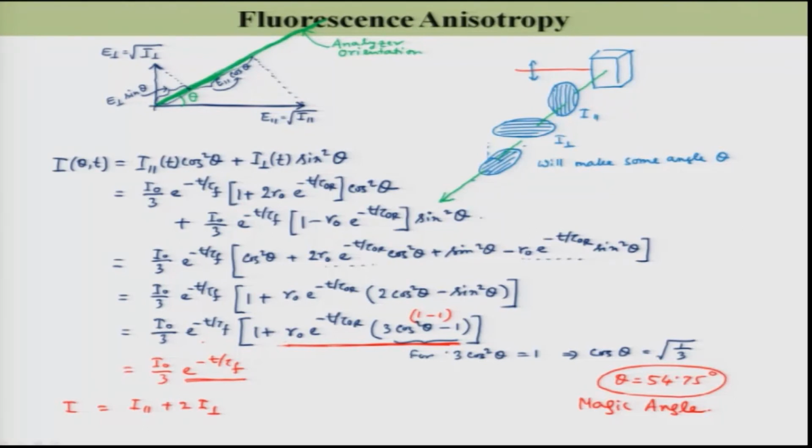Okay, let us continue, and we will see a nice equation now. What I will do now is the following. I will integrate it. What will I integrate? Integration 0 to infinity of I parallel t dt. I will do this integration. It is the form of I parallel t, I 0 by 3 e to the power minus t by tau f, right.